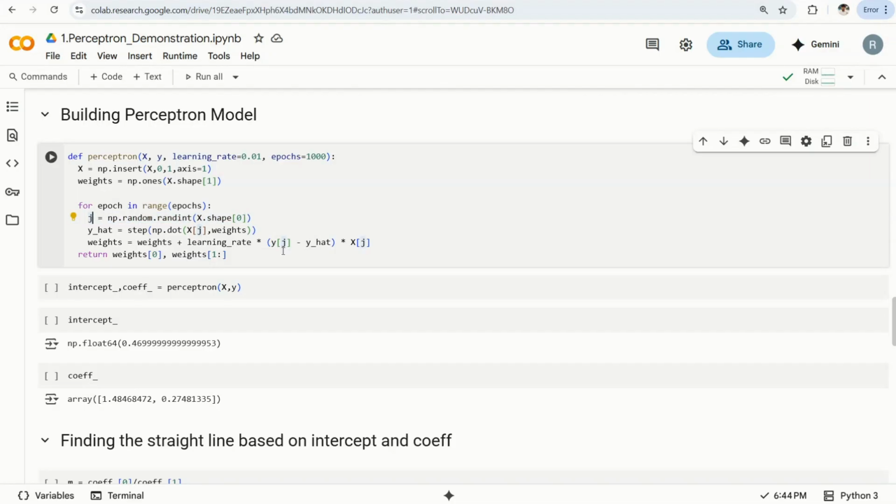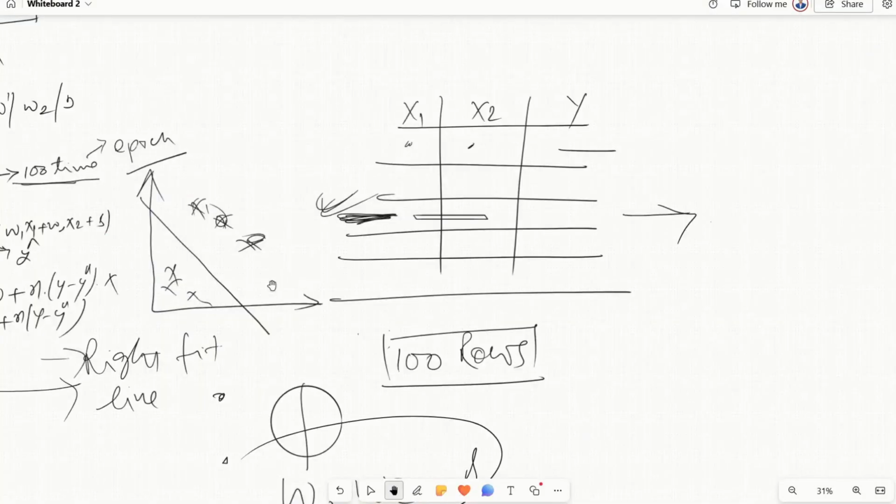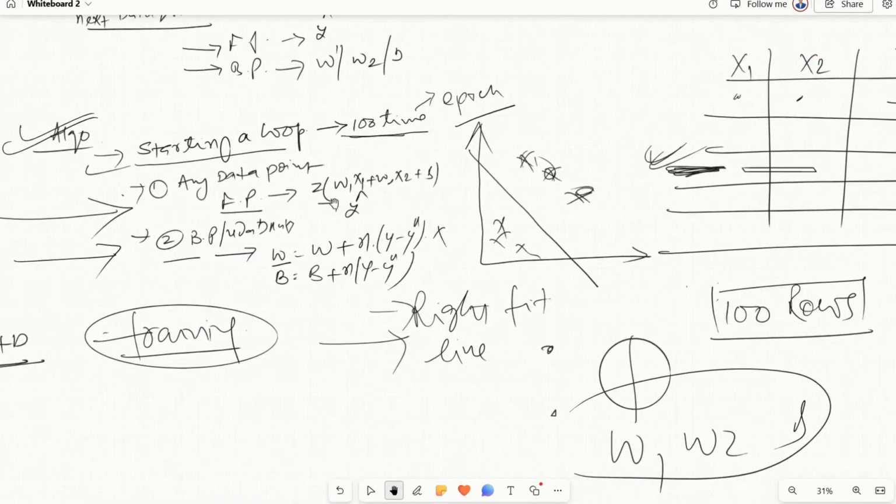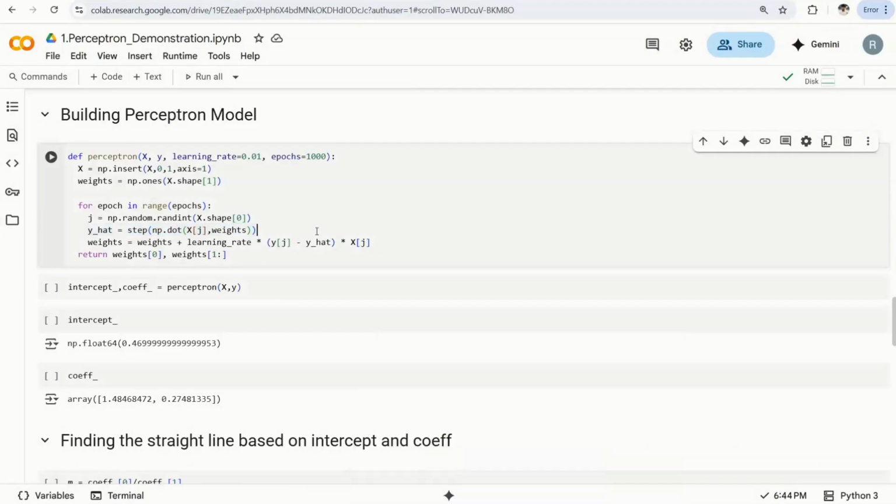So for this data point, here I'm doing the forward propagation. This line is nothing but this forward propagation. Here I'm applying what? You can see that np dot dot, I'm doing a dot product between x and weights.